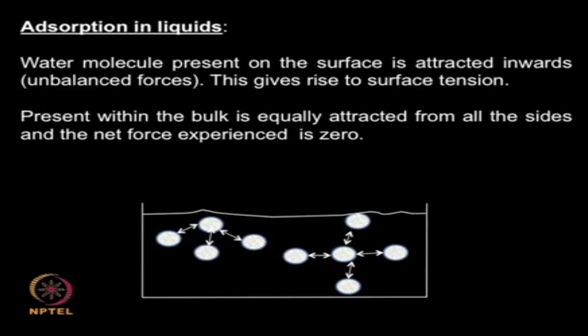So what we find here is unbalanced forces. So the water molecules that are present near the surface of the liquid-gas interface experience an unbalanced force, that is why you get something called surface tension, whereas the water molecules that are present right inside the bulk have many water molecules surrounding them and the attraction forces cancel each other out.